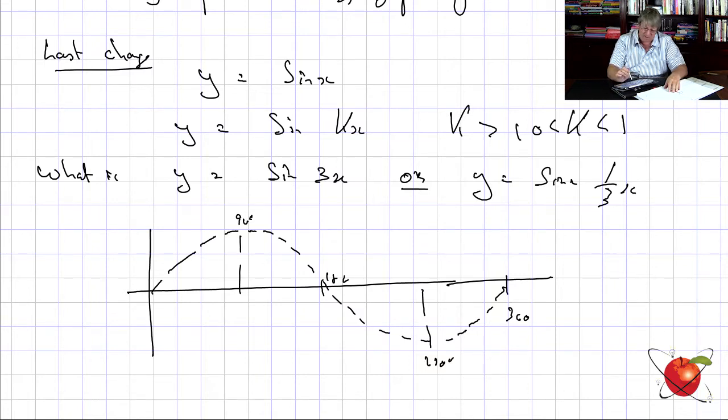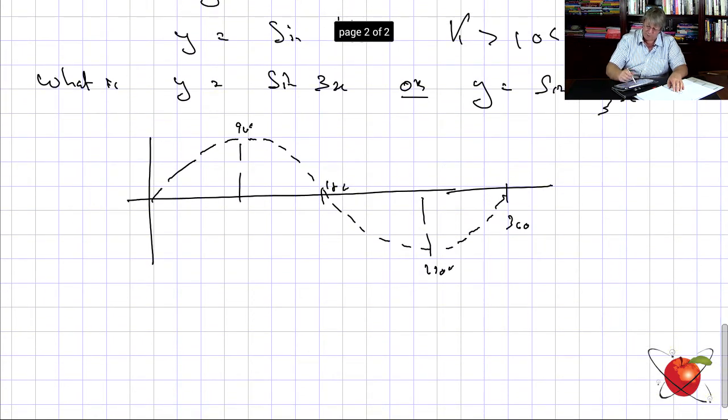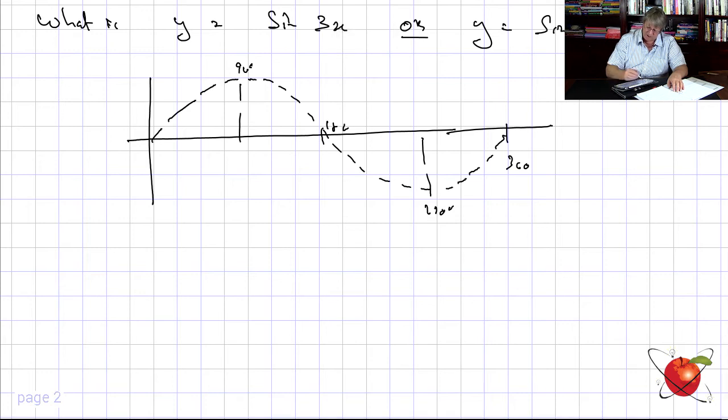Now, if k is greater than 0, so I draw sine of 2x or 3x, what essentially are we doing? Let's just take a point, x and y equal to sine of, let's call it 2x. Well, 3x is also fine. I'm just looking for a number that multiplies or divides easily. So if x is 0, sine is 0.